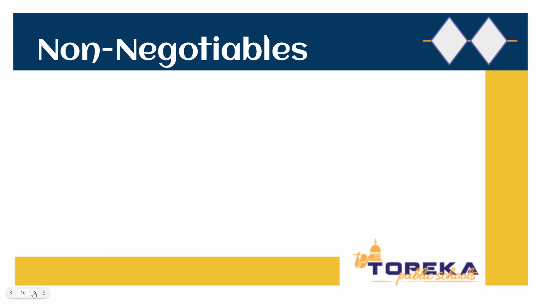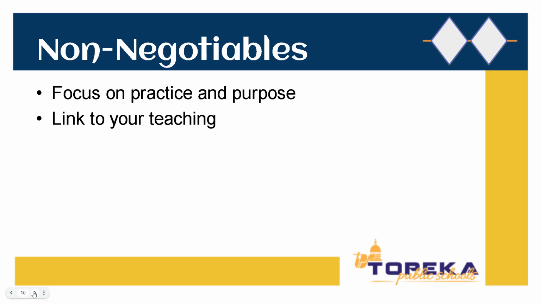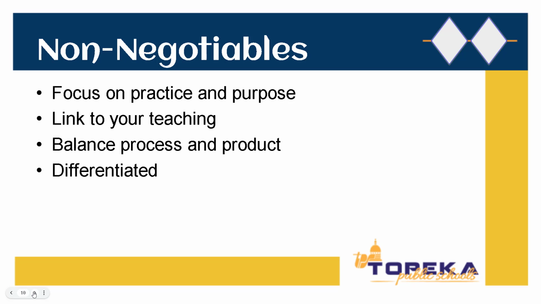A friendly reminder on our non-negotiables for literacy workstations. Number 1, we want to be focused on practice and purpose. So think about purposeful practice. We want it to be linked to what you're teaching in the classroom. We want it to be a balance of product and process. It also needs to be differentiated. We need to meet students at their levels where they need assistance.